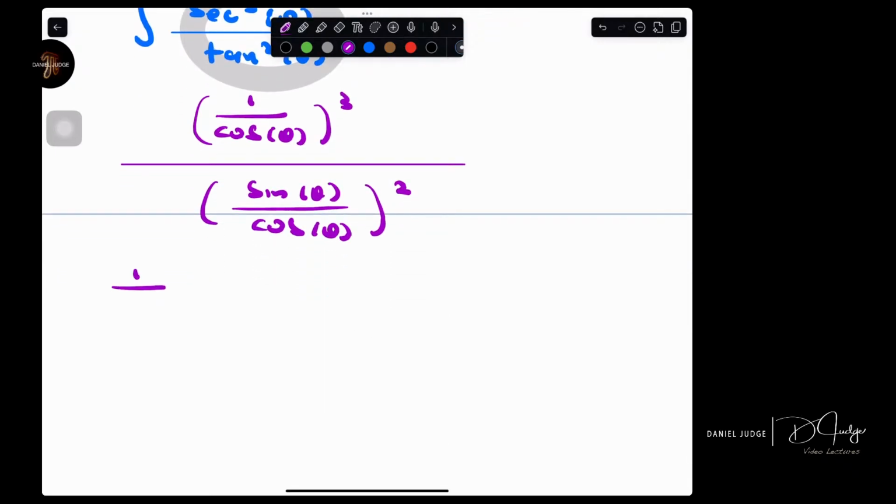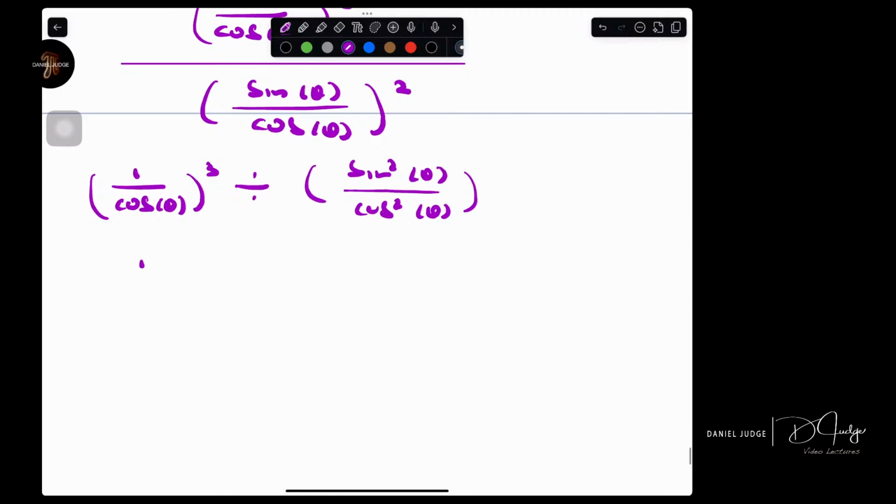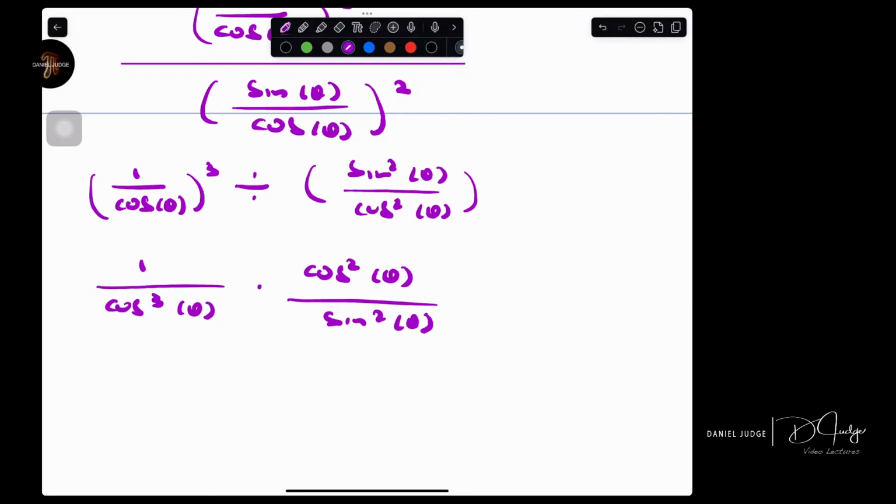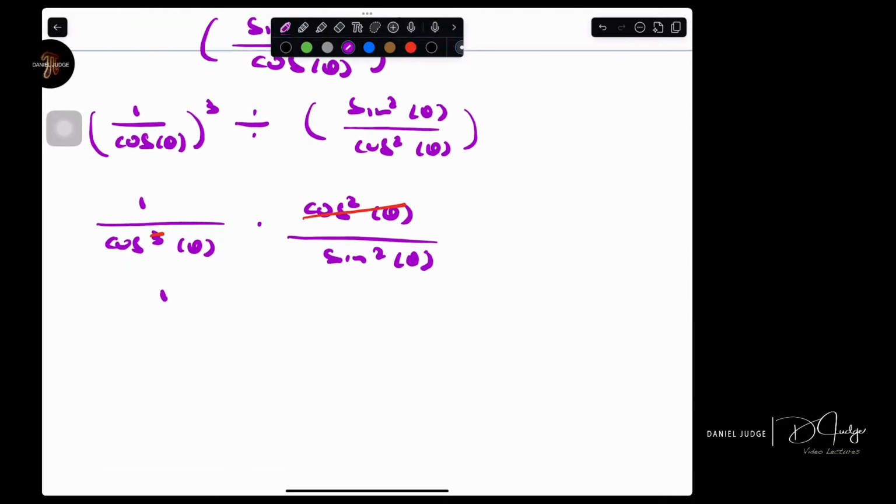So I get 1 over cosine theta to the third power, divided by sine squared theta over cosine squared theta, which is 1 over cosine to the third power times cosine squared theta over sine squared. So we have 1 over cosine theta times 1 over sine squared theta.